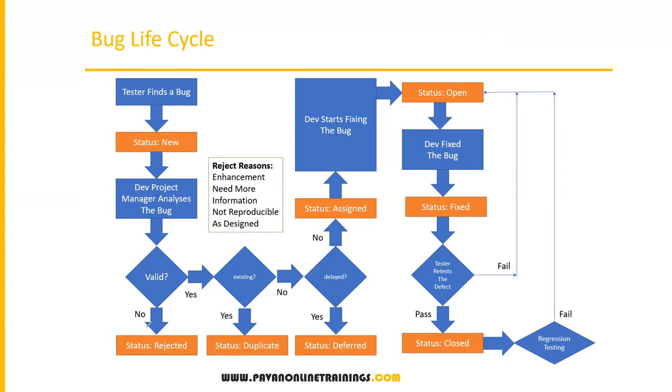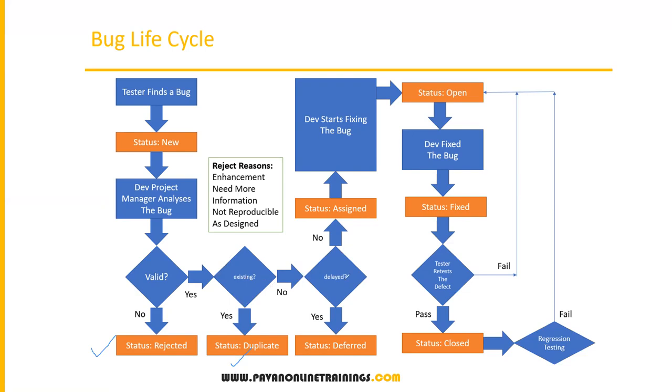If the bug is not valid, the bug will be rejected, so the status will be changed to rejected. If it is valid, then they will check again whether the bug already existed or not. If the bug already existed, then they will change the status to duplicate. If the bug is not existing already, then what does delayed mean?